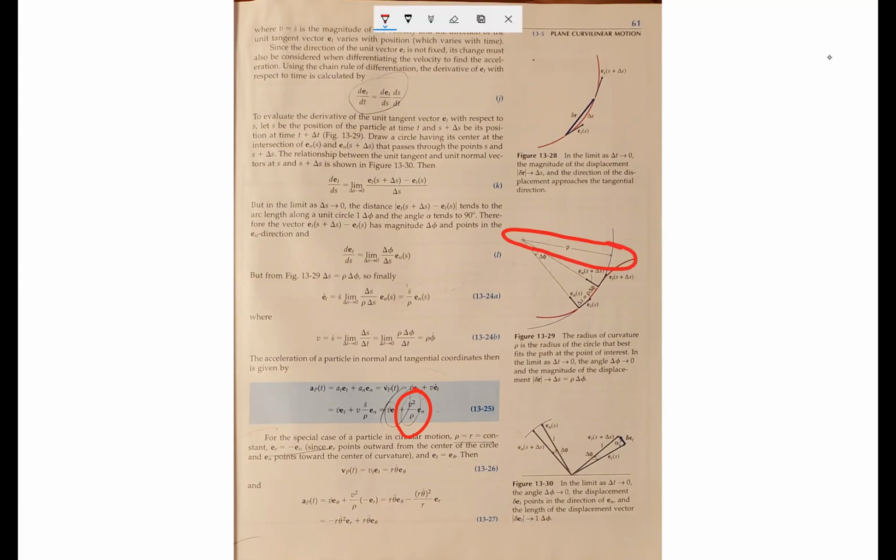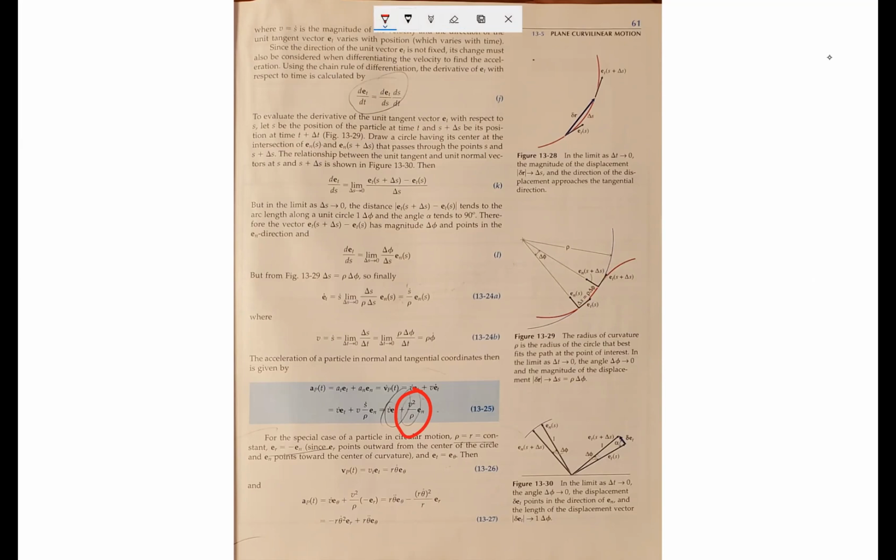If we have a path, an instantaneous moment of that path, there's a lot going on in this diagram. If the red line is the path that the particle has and will travel, then what they are doing in this diagram is picking a specific location in that path.